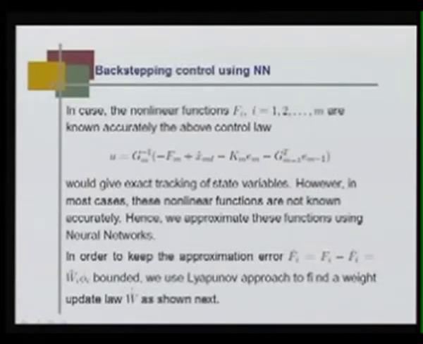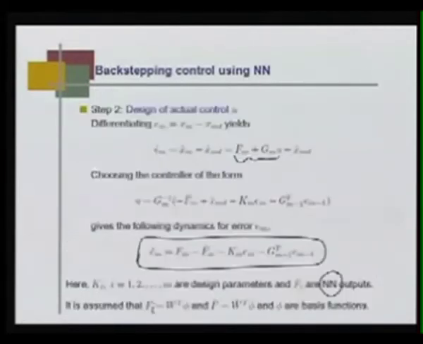To keep the approximation error bounded, we use a Lyapunov function to find a weight update law w hat dot, because each neural network is represented by w hat transpose phi. Phi is the known basis functions, whereas the weight vector w hat is not known. So, we have to find the weight update law.